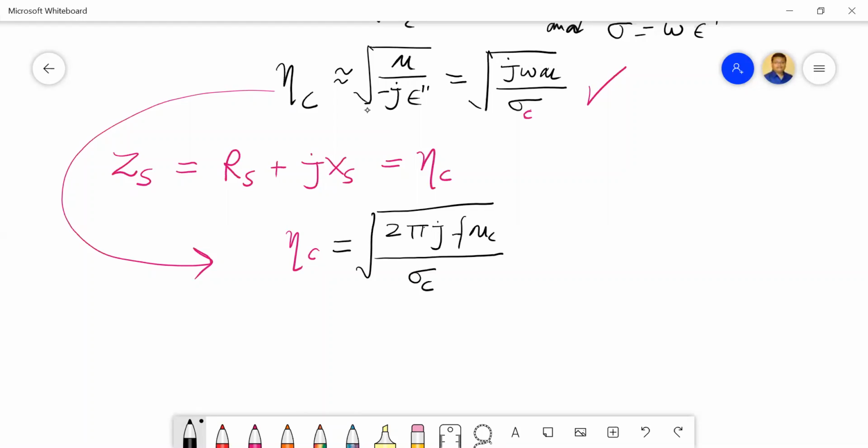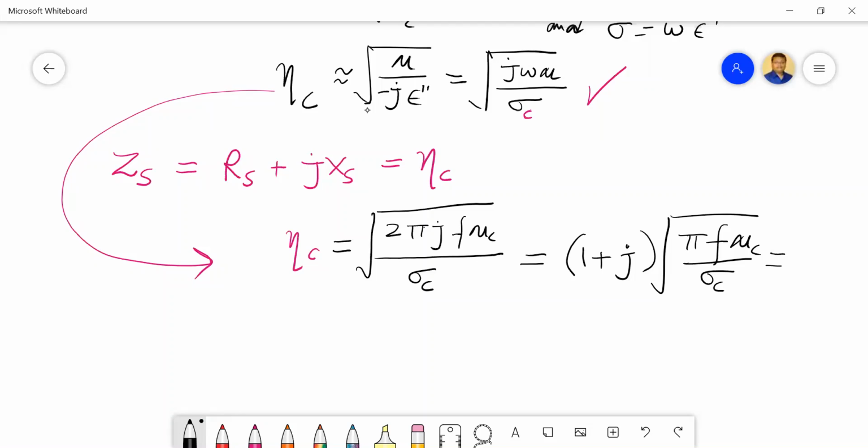Now we can also express this particular term as 1 plus j times the square root of pi f mu C divided by sigma C. This is ZS. How did we do this? We know that the square root of j can be expressed as 1 upon root 2 times 1 plus j.